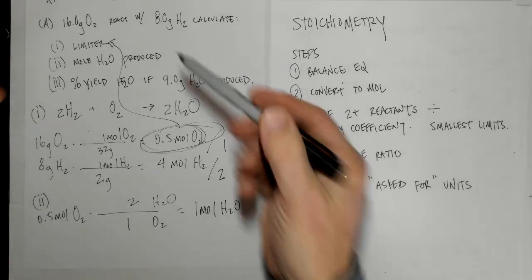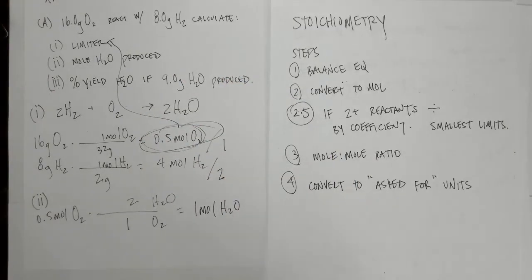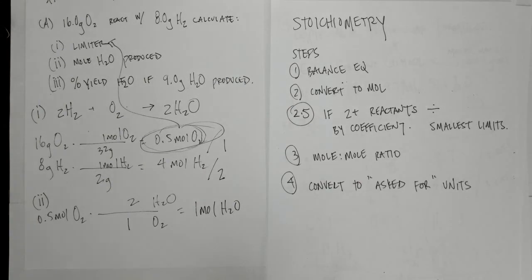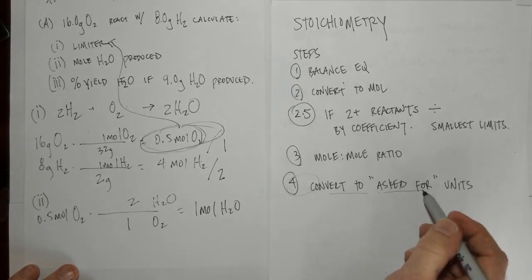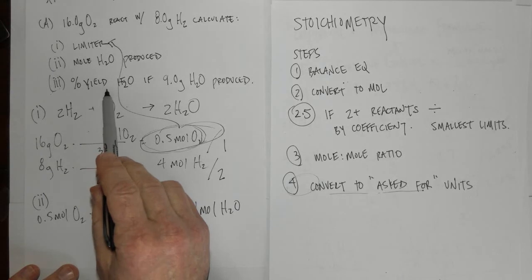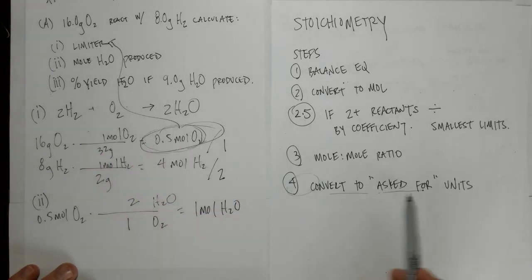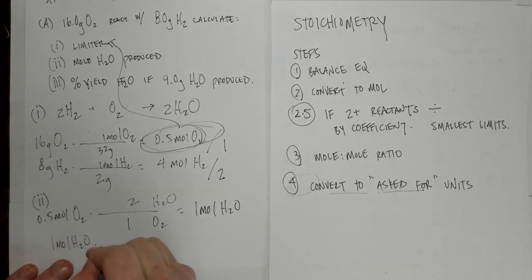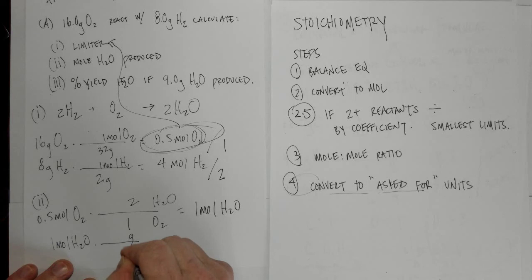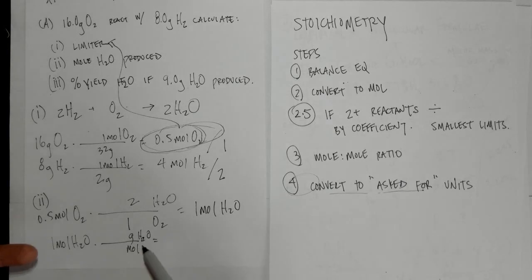Done with part 2. Part 3, what's the percent yield of water if 9 grams of water is produced? Well, I'm going to have to do step 4 to do that, because the asked for units here to find my percent yield are grams. I have 1 mole of H2O produced, and I have to go from moles to grams because I want to know how many grams of water are supposed to be produced according to math.